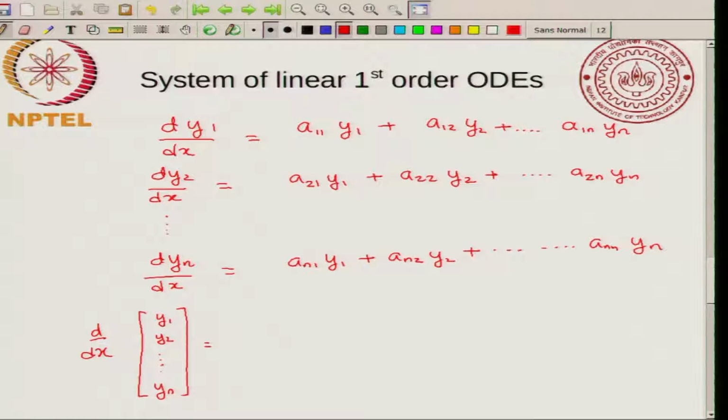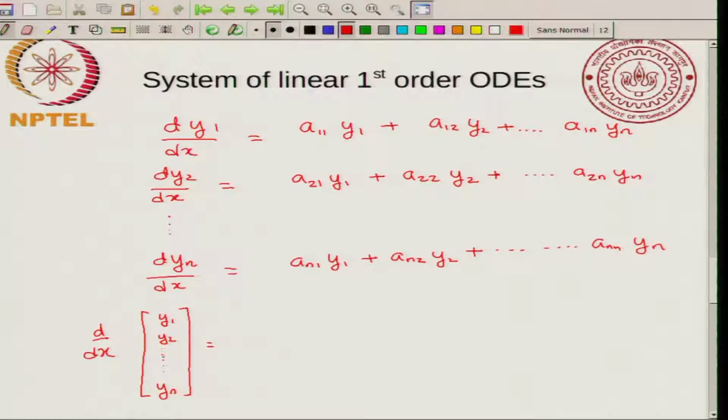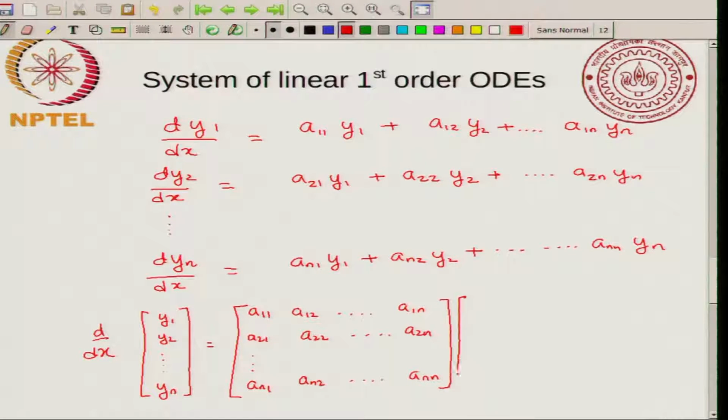That is the same as taking dy1 by dx, dy2 by dx and so on, and I can write this using our matrix methods as the matrix with rows a11, a12, a1n; a21, a22, a2n; up to an1, an2, ann, this times the column vector y1, y2 up to yn.